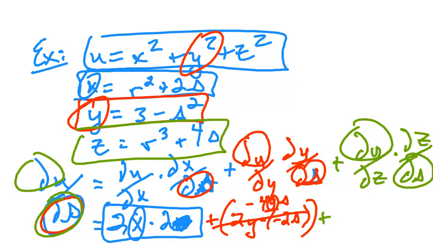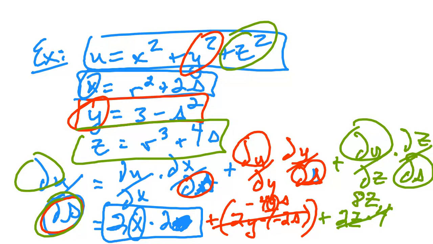The partial of u with respect to z is up here. It's 2z. Everything else is a constant, so that'd be 0 times the partial of z with respect to s. The r cubed is like a constant, that'd be 0. It would just be times 4. So this one's pretty easy. That ends up being 8z here.